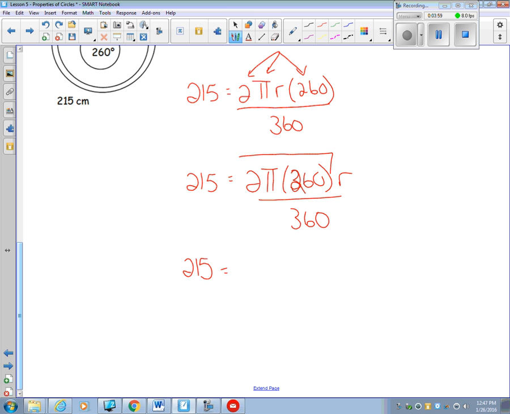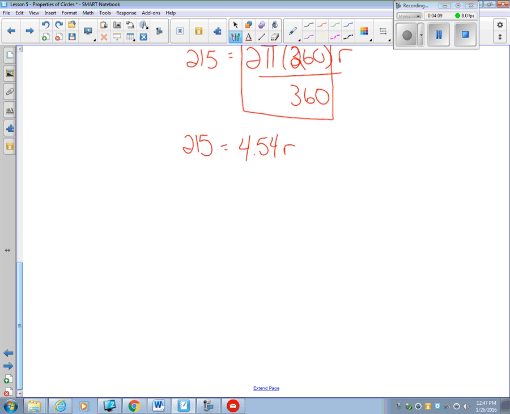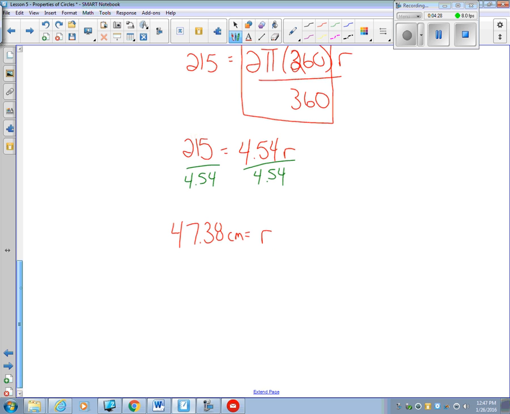I can figure out what this is. And I know it's going to have an r attached to it at the end, so I end up with 4.54 with an r attached to it. If I want to find the r, the radius, I can divide out the 4.54 from the left and the 4.54 from the right, and I can find out that the radius is actually 47.38 centimeters. And that's about all I can really do with arc length and radius.